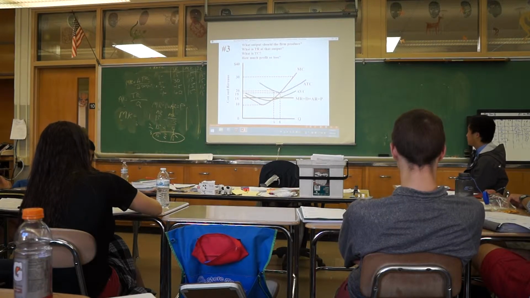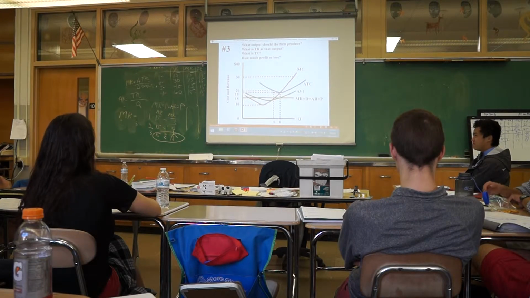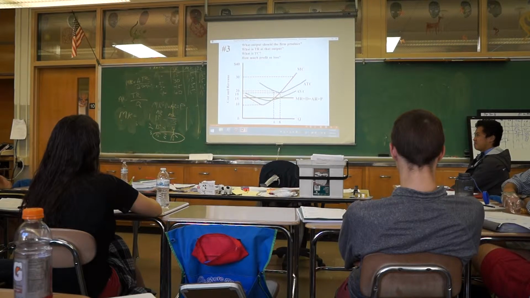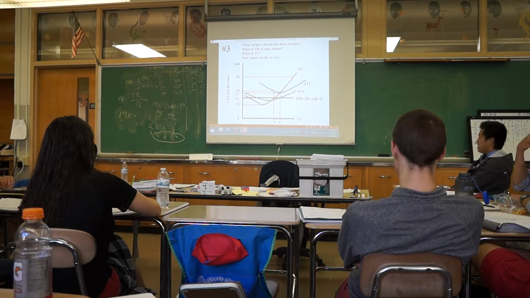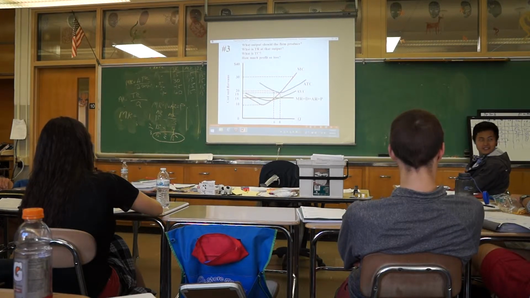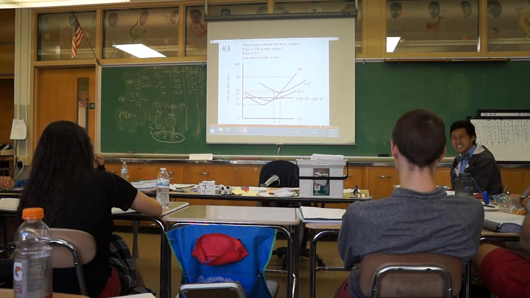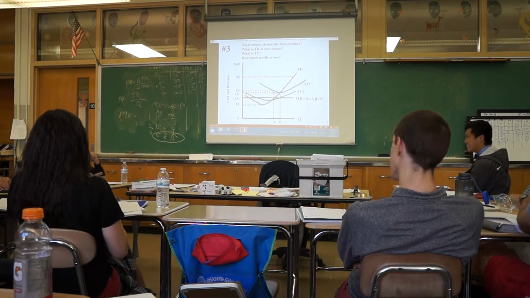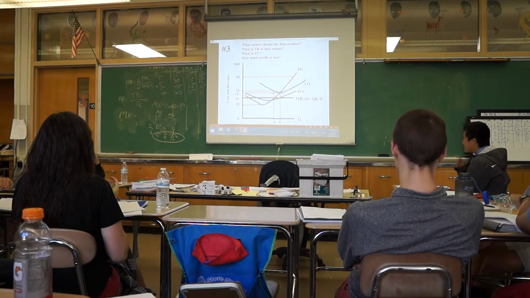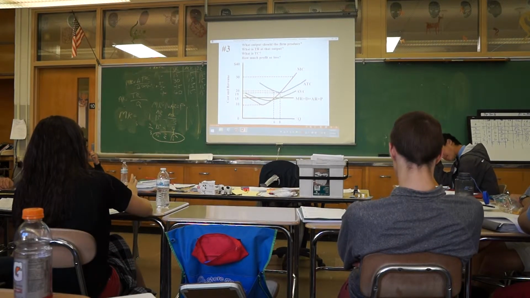No, 8. No. What is MC equal MR? Okay, so if output is 6, what's total revenue? No, that's the price. Oh, 15. Right. So 6 times 15, that's 90.